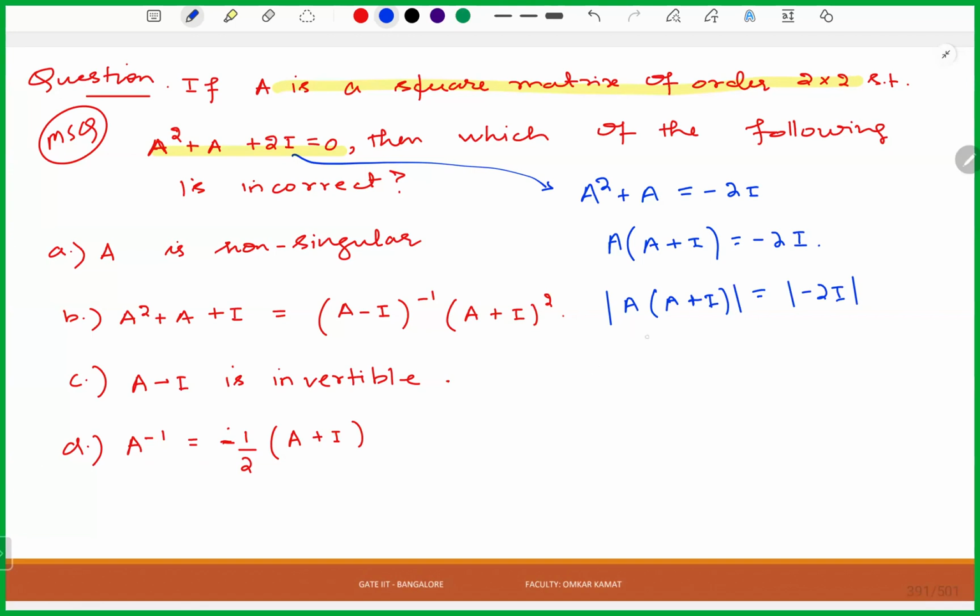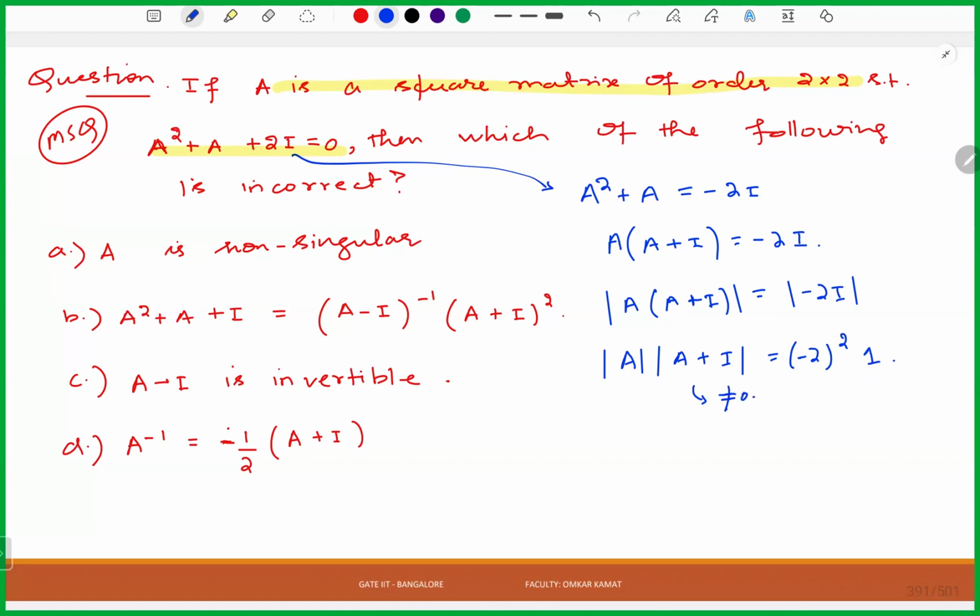Now, A into A plus I can be written as determinant of A into determinant of A plus I is equal to, minus 2 will come outside. It will become minus 2 square because it is a 2 cross 2 matrix, into determinant of I. Determinant of I is nothing but 1. Correct?